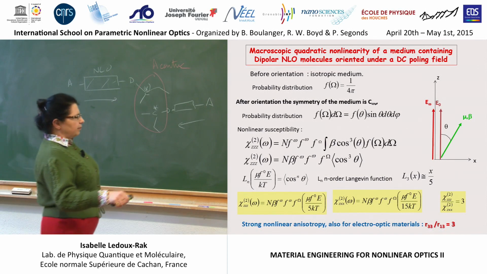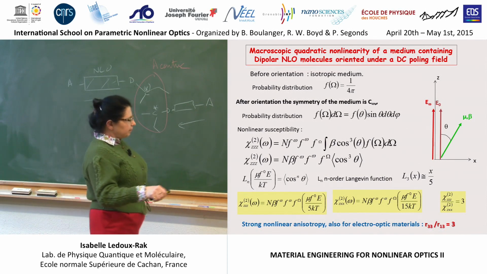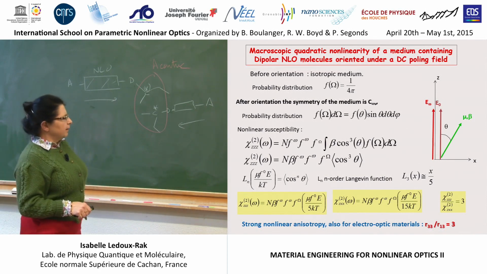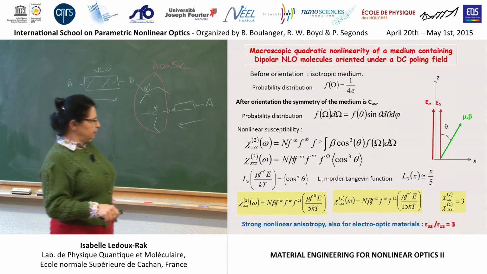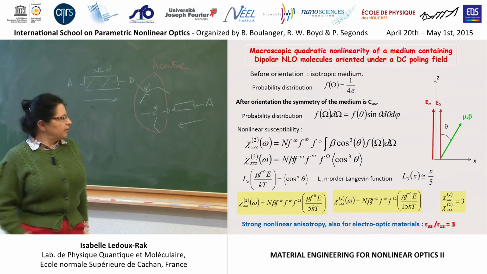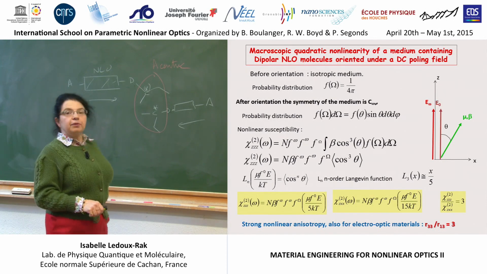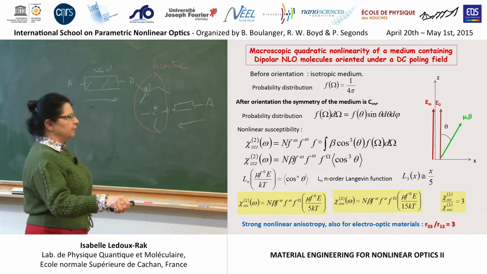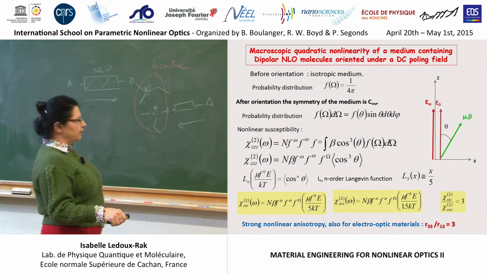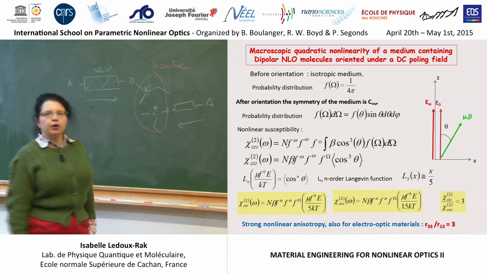The result is that in this kind of structure, we have two different Cartesian components of chi2, one being parallel to the poling axis, which is the biggest one, and one perpendicular to this axis, which is 3 times smaller.